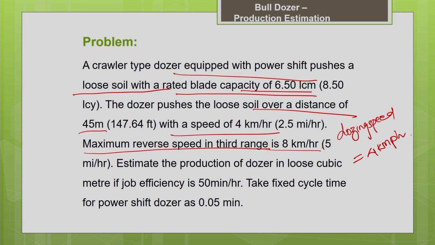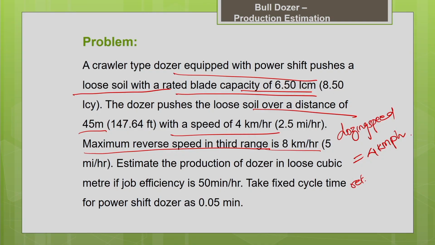Mostly, since the bulldozer is operated for short distances, the return journey will be mostly operated in the reverse gear. So the return speed is given as 8 km per hour. Obviously, the return speed will be greater than the dozing speed because the blade is unloaded or empty.